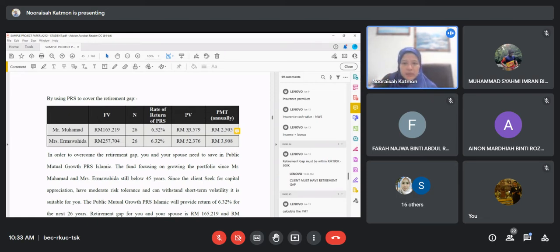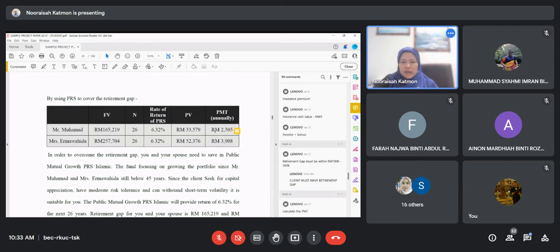Okay, and then you calculate the PV and you calculate the PMT, which means every year Mr. Muhammad has to make a contribution of 2,505 per year in the PRS, and Mrs. Emma Wahida must make a contribution of 3.9K per year for the purpose of PRS.